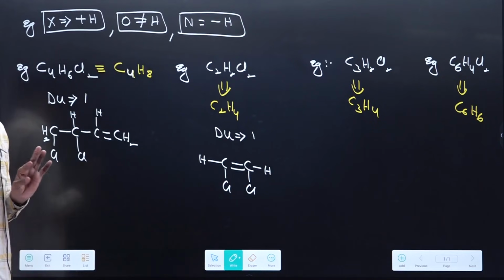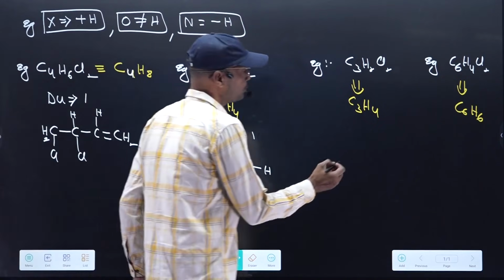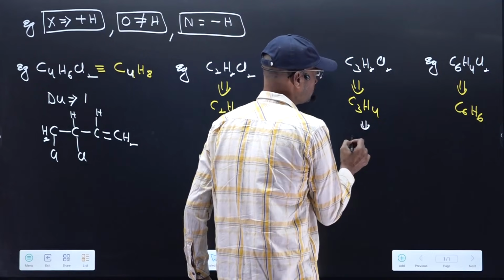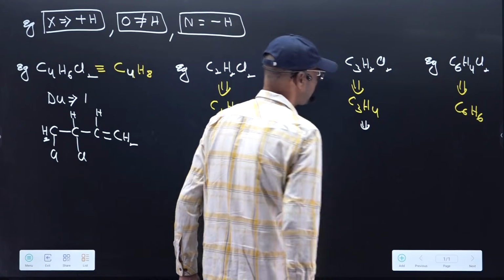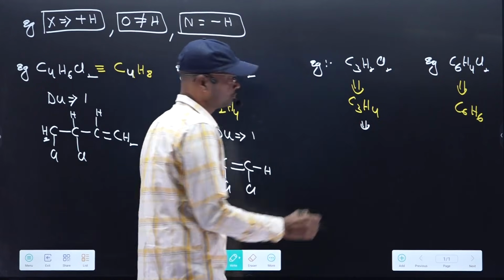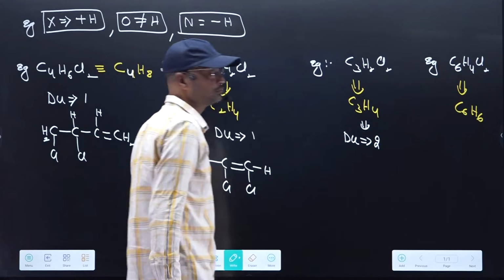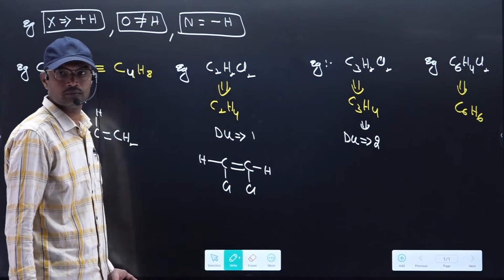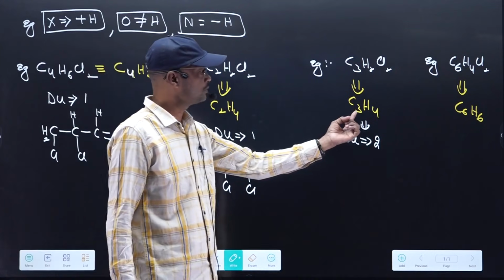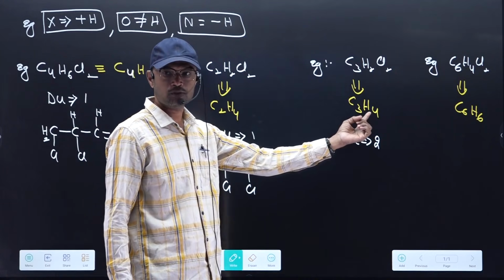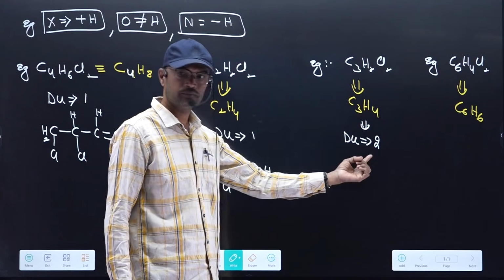Now what about Du for C3H4? Is the degree of unsaturation 2? Double the number, 6. 6 plus 2, 8. 8 minus 4, 4. 4 by 2, 2.